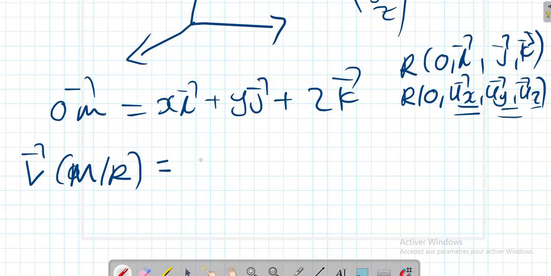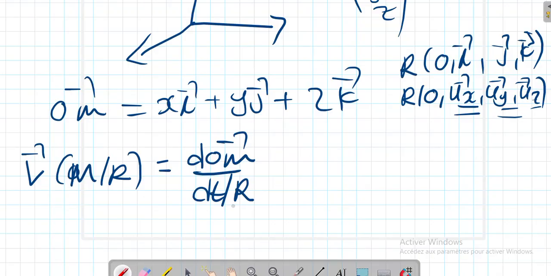So you find the derivative of OM with respect to time, then you specify in what? In R. That is in the Cartesian coordinate reference system. So when you say in R, for Cornelius who has just joined us, you mean E, G, and K are constant.